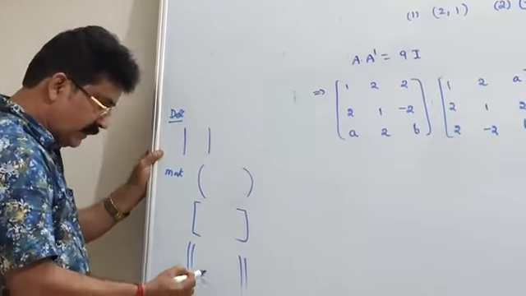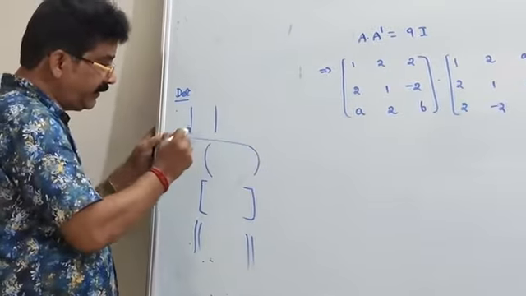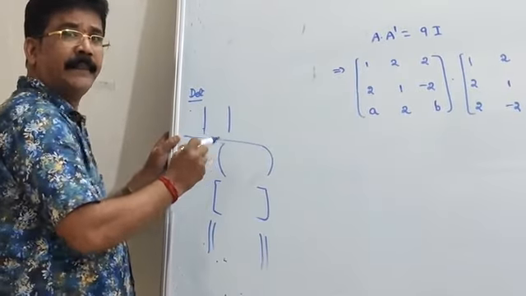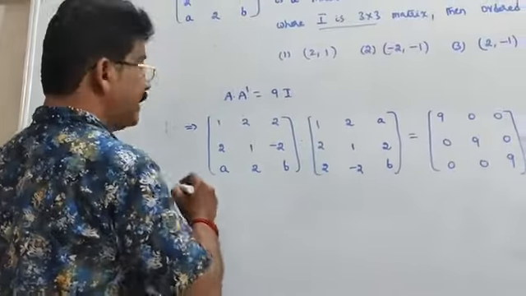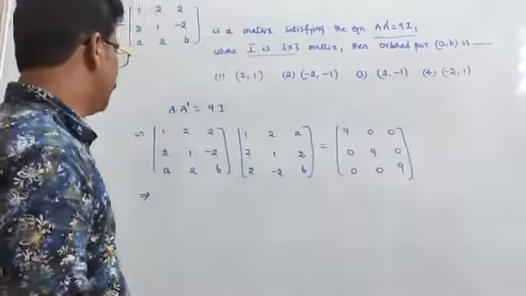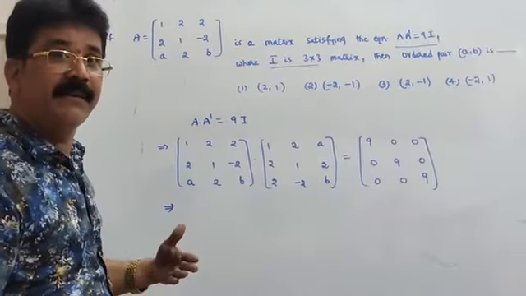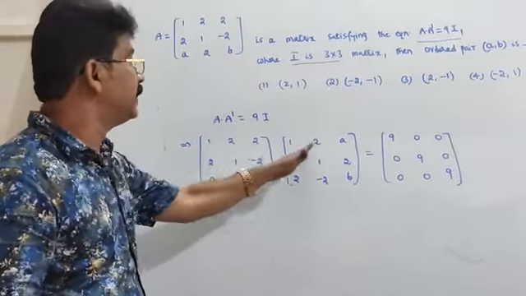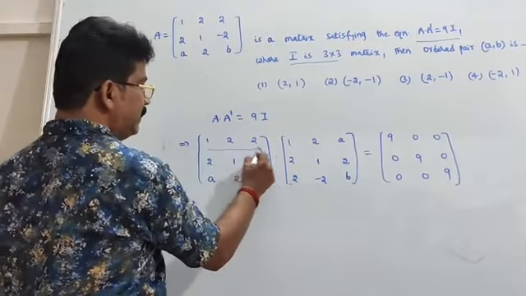But for the determinant, only a single pair of vertical lines. Remember the notations. So we have to find the values of a, b. We get the a, b relation on multiplying these two matrices. Let us find it. For example, R1 C1.